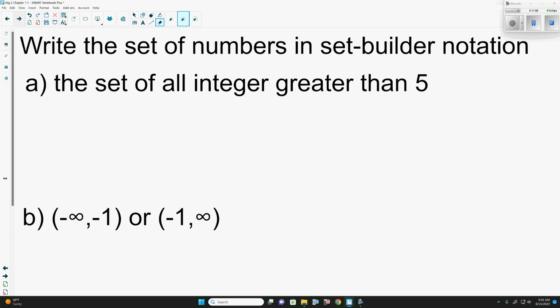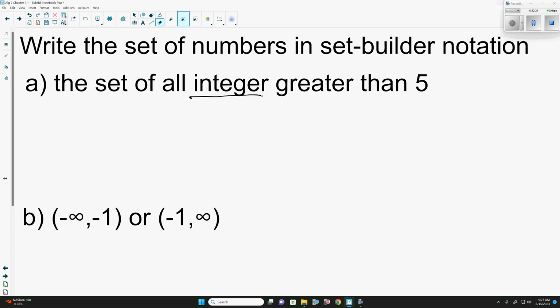Write the set of numbers in set builder notation. A, the set of integers greater than 5. What kind of numbers are we talking about? The set of all what? Set of all integers. So what type of numbers are we talking about? Integers.